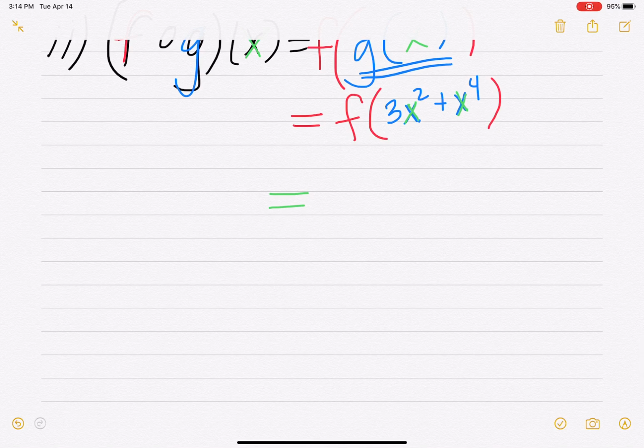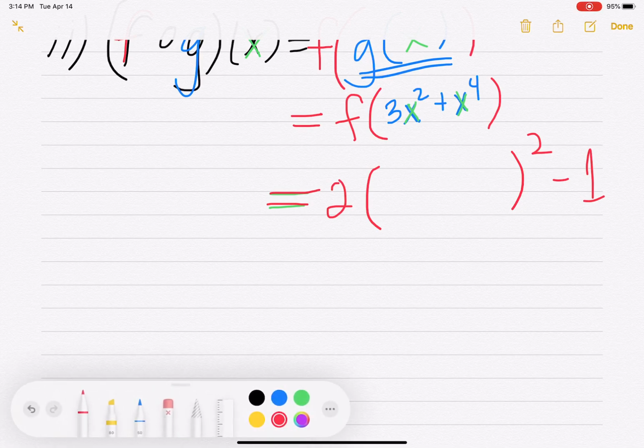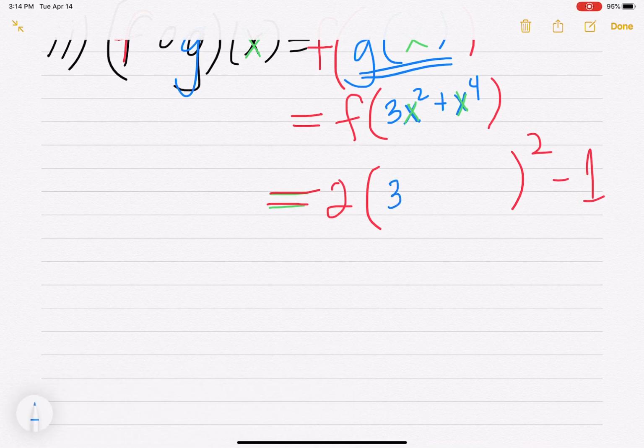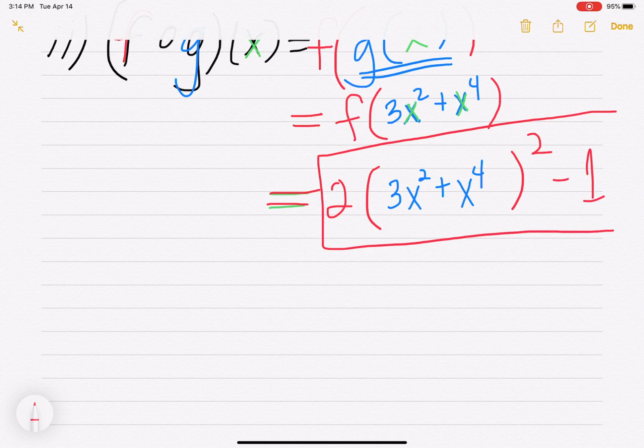This is the red function. Now, what are we going to do? In place of the blank, we're going to put our input, which is now 3x squared plus x to the 4th. And we don't want to really FOIL this out. We don't want to simplify that. That is a little tedious to do, so we'll just leave it like that.